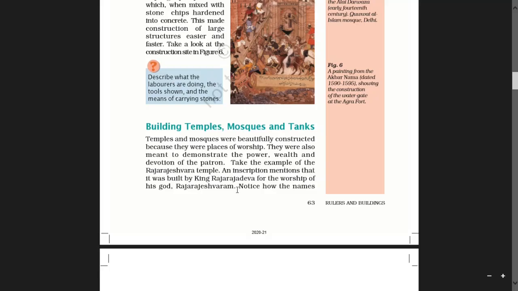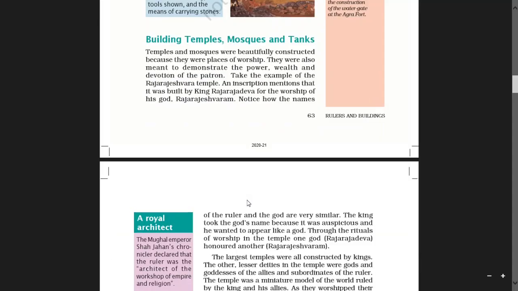Here, an inscription means a thing which is inscribed, which mentions that it was built by King Rajadeva for the worship of his god, in order to worship his god Rajeshwaram.